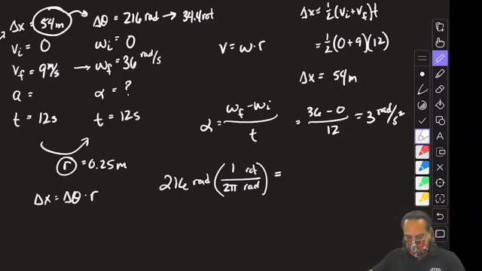And the radius being 0.25 meters, it should cancel the meters out when I divide, leaving me with a unitless quantity, which implies radians. Oh, I see. I know what I did wrong now, because in the first section of the question, before doing anything, I already did it in radians per second, but for some reason I thought I left it in meters per second. So I see what I did wrong now. Okay. Alrighty, no worries.